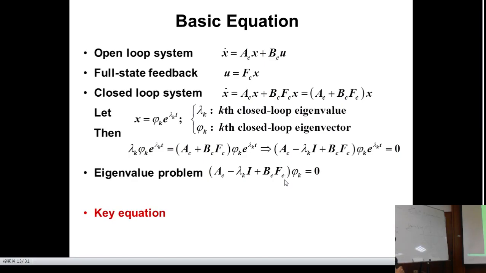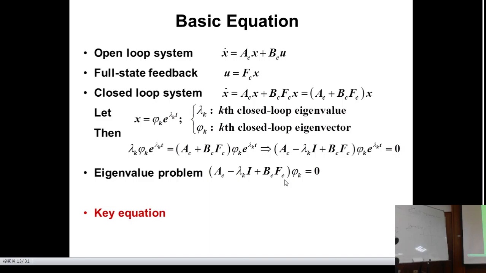Now the question is, there is only one matrix which is unknown. I mean, FC is unknown. FC is the one we wanna compute, right? All the others are given. Of course, the psi k is the eigenvector of your closed loop eigenvalue.